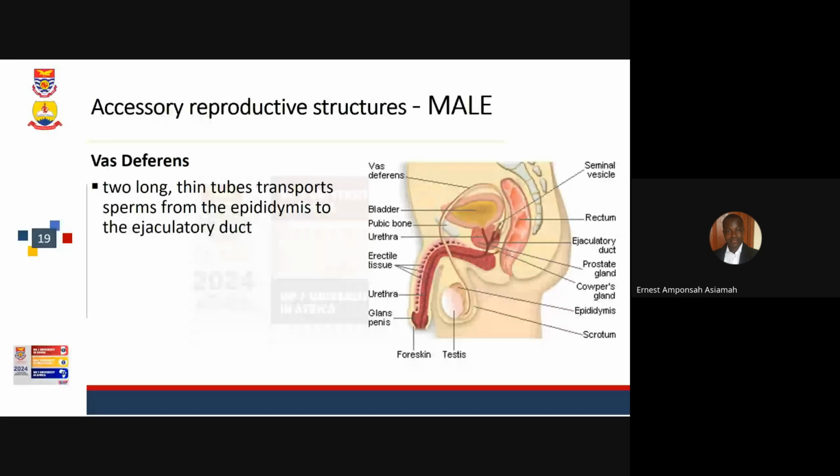Then we have the vas deferens. The vas deferens is a tubular structure that transports sperms from the epididymis all the way to the ejaculatory duct. The ejaculatory duct is within this region.